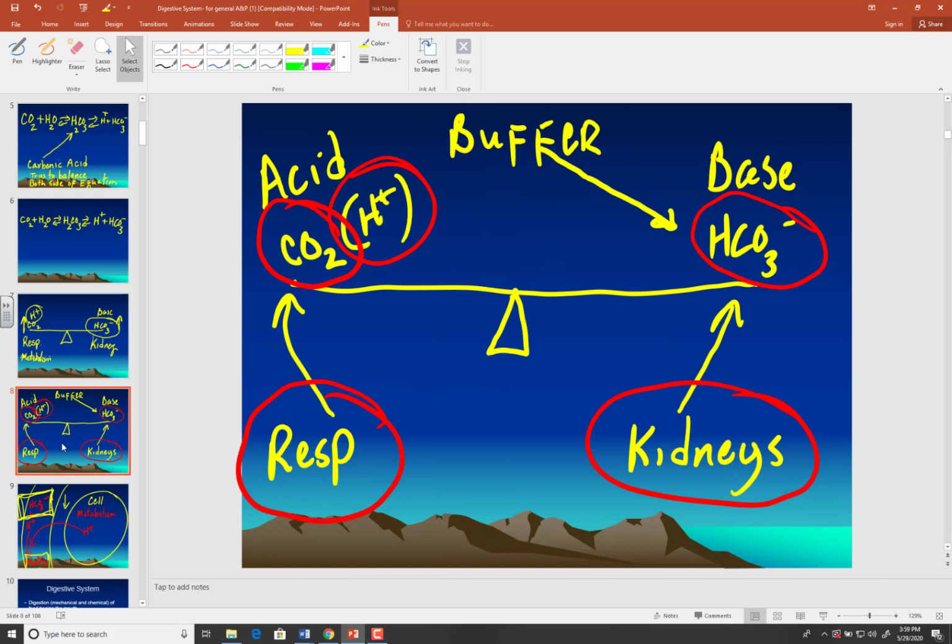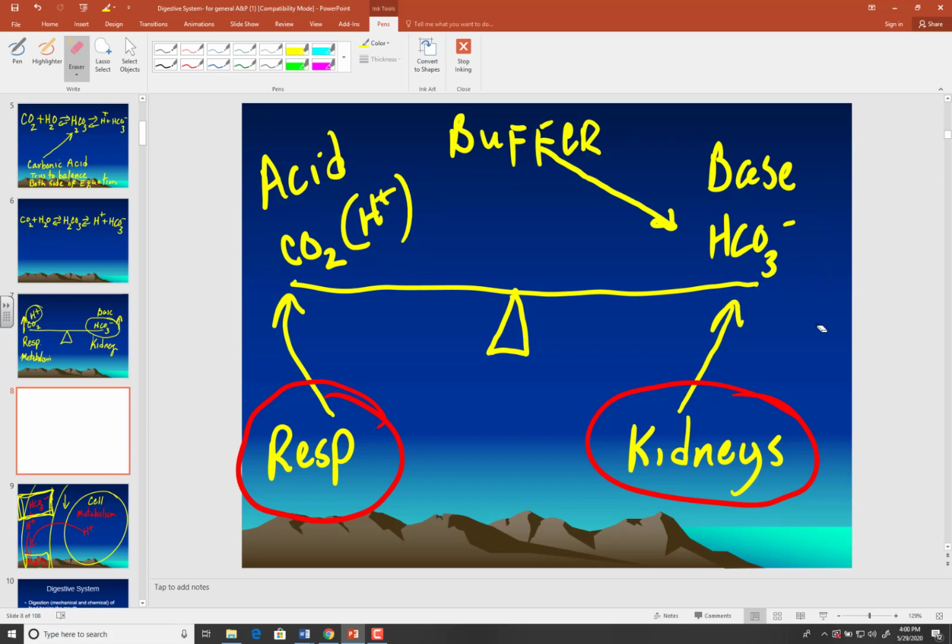Now let's look. Watch. In this case, what's going to happen? Watch. If the bicarbonate level goes down because the cells of the body through metabolism are making more hydrogen ions than normal, then to keep the little teeter-totter balanced, what has to happen to the amount of carbon dioxide? Hopefully you said it has to go down, right? Watch.